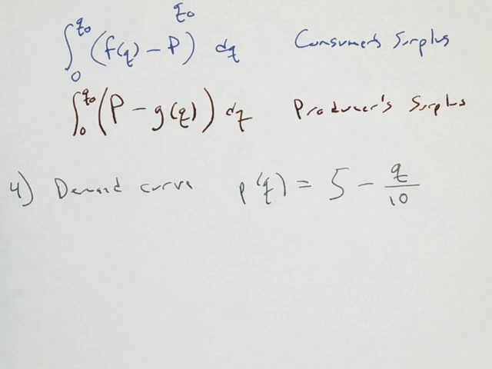Why do I know this? I didn't even write it in my notes, but why do I know this is a demand curve, not a supply curve? Going down. As quantity gets up, prices get lower.